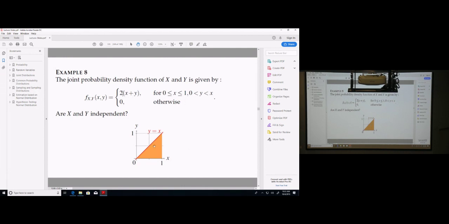This corresponds to when you are adding things on the table, and you have something positive here, so you will pick up something. So what it means is that at any point here, corresponding to the row total and the column total, the two marginals would be positive. But whereas here, if you pick a point somewhere here, now the joint density is 0 because it is outside the orange color. Yet your vertical line and your horizontal line will pass through the orange triangle, and so you will pick up something positive for the marginal of y and also the marginal of x.